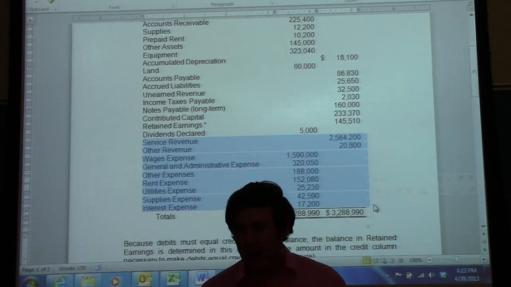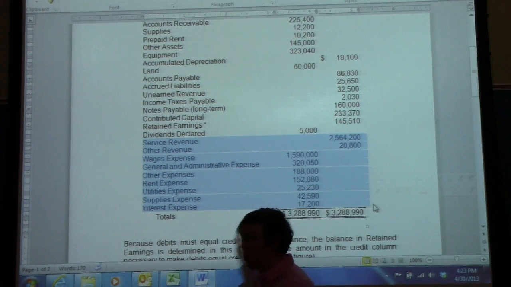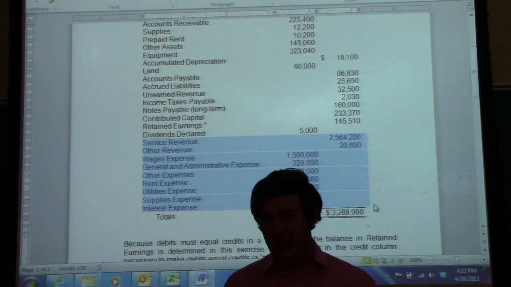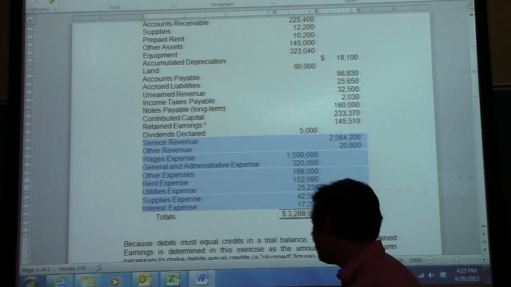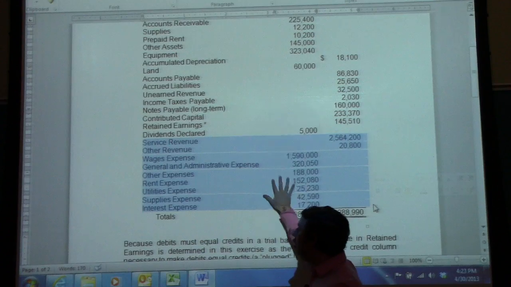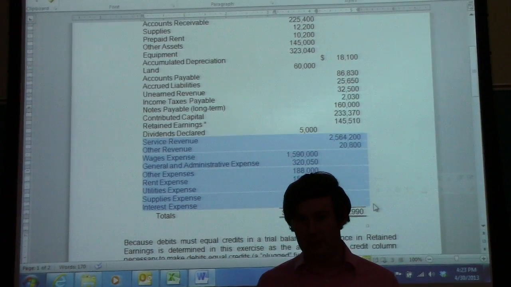At the end of the period, after you've made the financial statement for the income statement, you're ready to make the financial statement for the balance sheet, and you want to increase the retained earnings account by net income, and decrease it by dividends declared. You have to close all of these temporary accounts into retained earnings, okay?